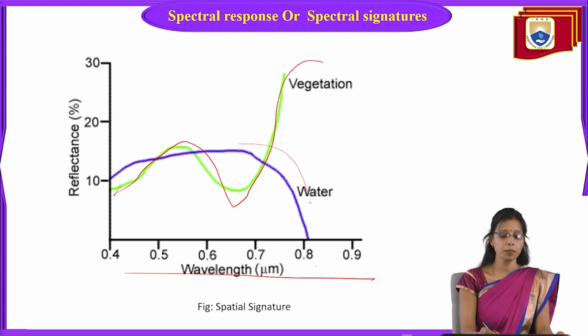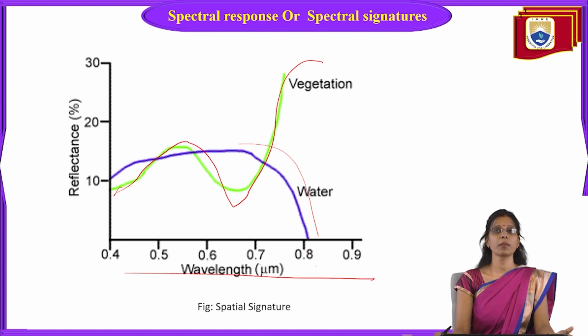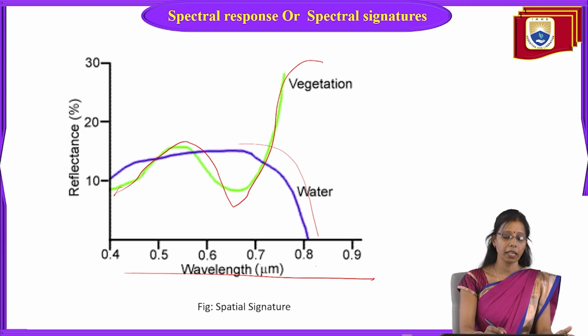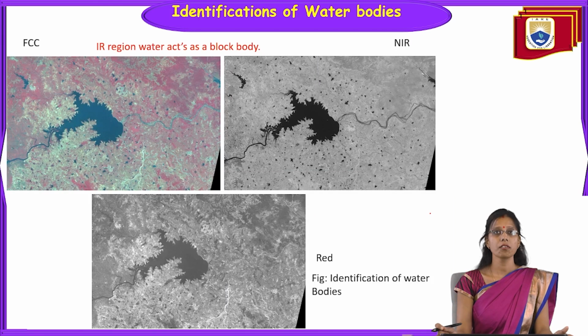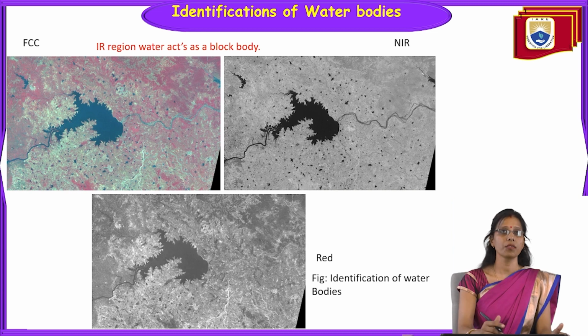Water is totally absorbing, so it is not giving much information. That's the reason the water body appears black in the satellite image. Vegetation will always be red in color, and the maximum reflection of vegetation is in the IR region. IR region is the infrared region. Next we have this IR region, where that's our black body.